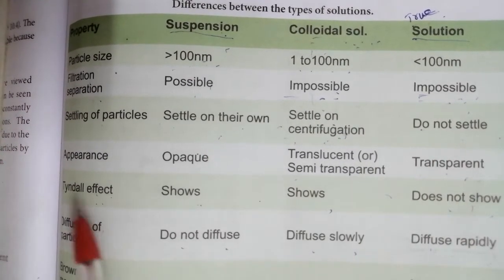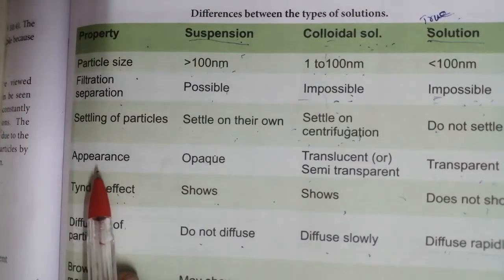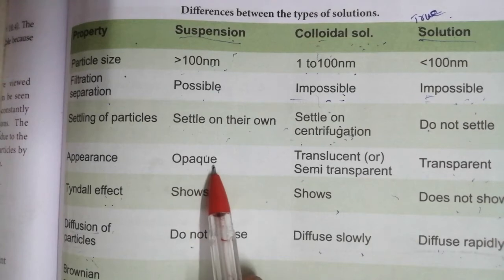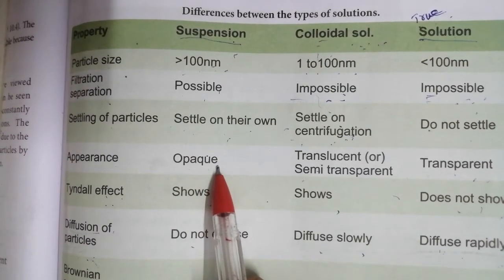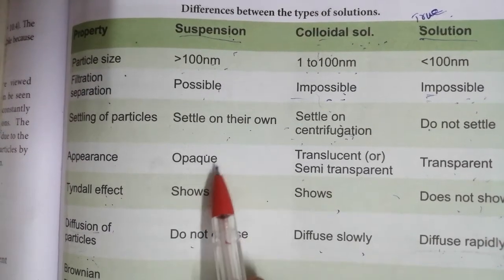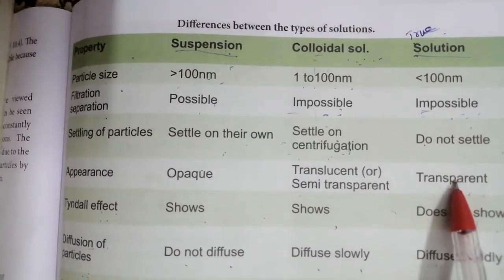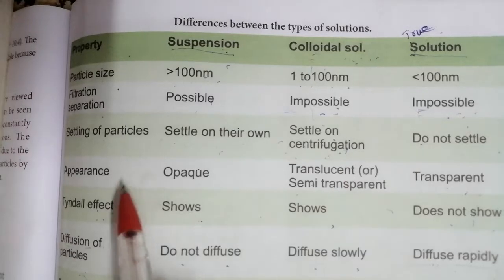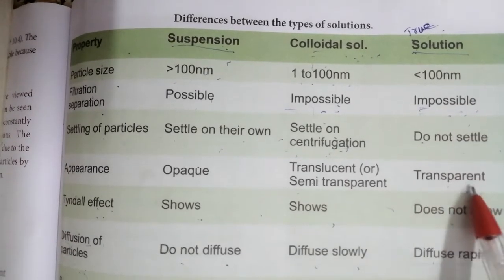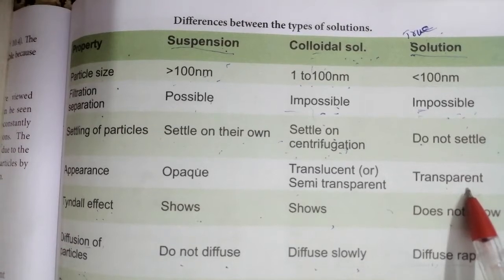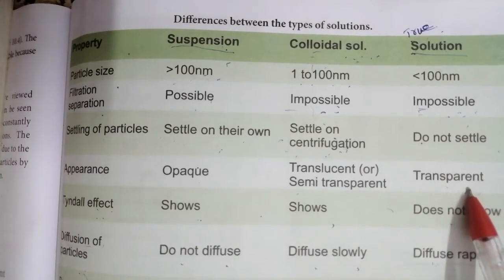Then see the fourth one, appearance. Here suspension is opaque. Opaque means we cannot see the opposite side. Just the opposite is transparent. The appearance for true solution is transparent, that is clear water, so we can see the opposite side also.